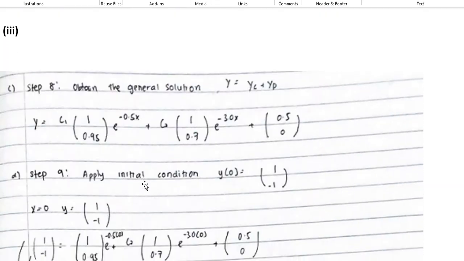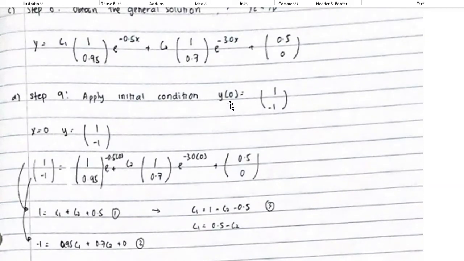The question is given the initial condition with y(0) equal to 1, negative 1. The easiest way to understand this initial condition is that this part will be the value of x and this part will be the value of y. So I wrote it down: x equal to 0, y equal to 1, negative 1.